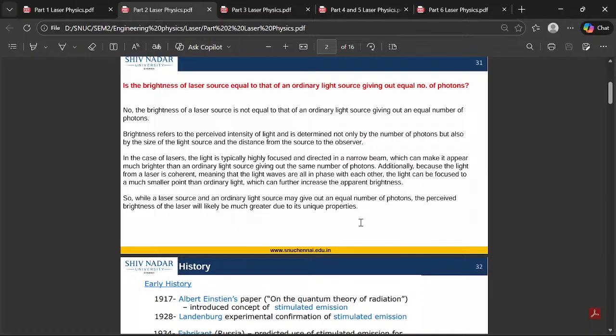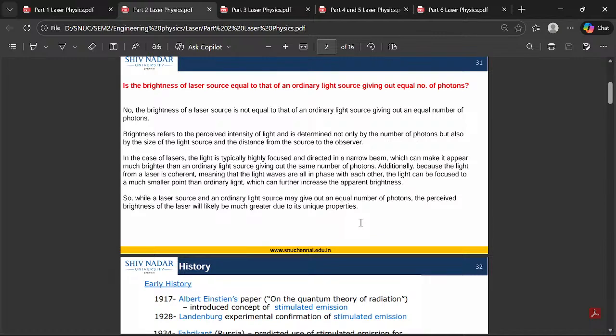That is because of the properties that we have discussed in the previous PDF. It is very coherent and directional, highly intense, and monochromatic, right? So that's why we perceive that it is brighter, even though both the sources have the same number of photons.